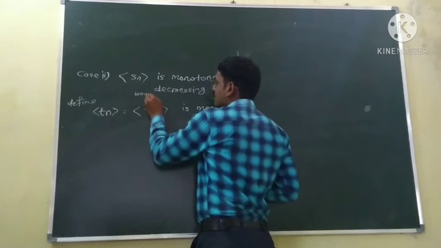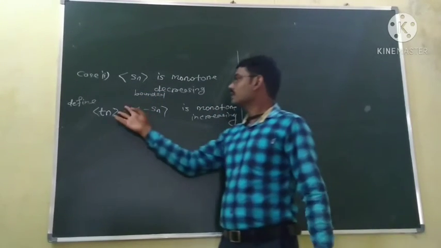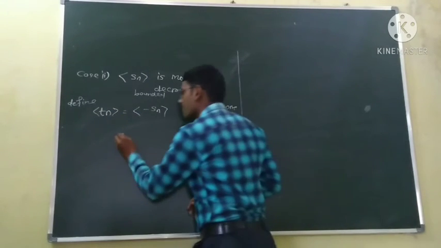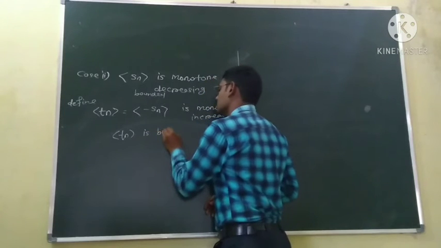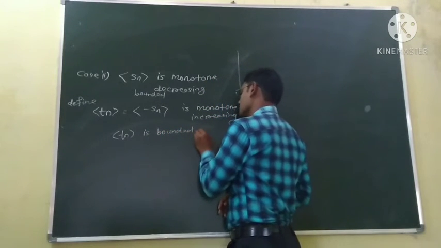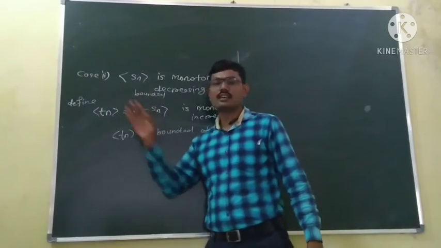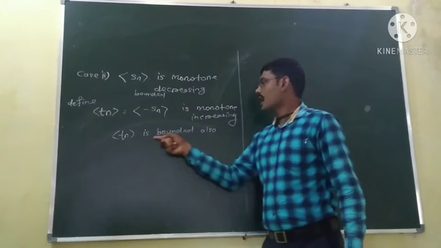We have already seen this in the statement of our theorem. Sn is bounded. What is Tn? Just the negative of Sn. So Sn being bounded, Tn is also bounded. Now Tn is monotonic increasing and bounded.